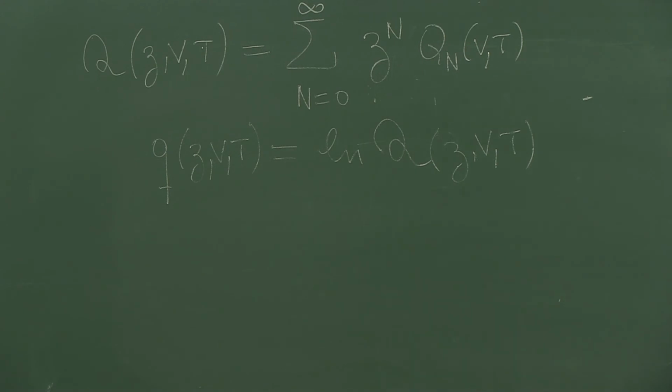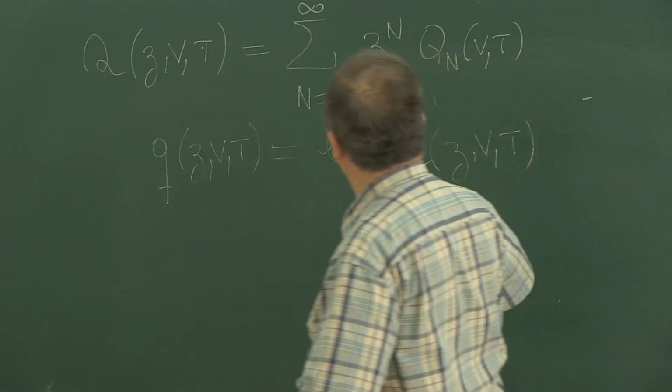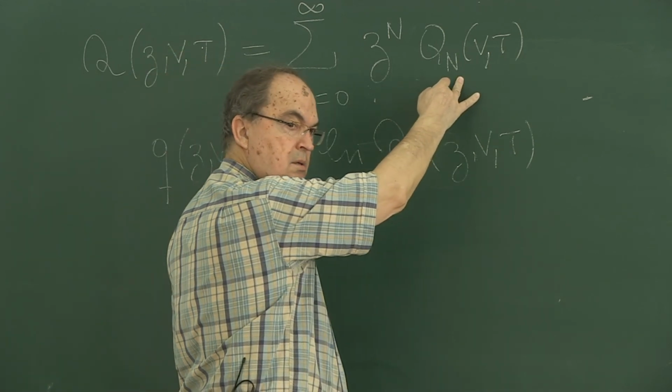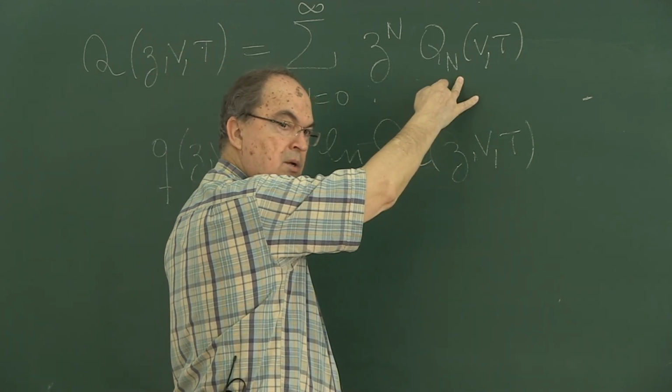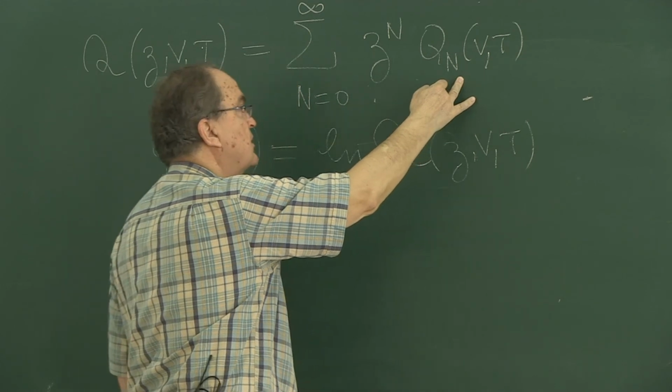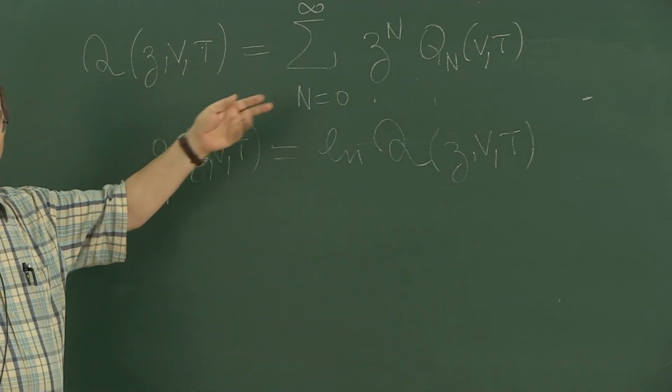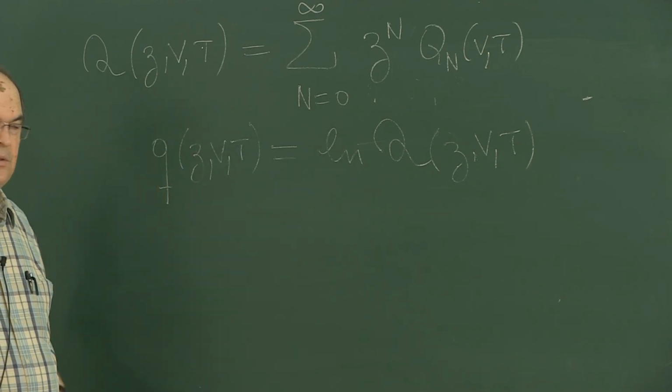Now you have to do this calculation with fixed n in the canonical partition function case, and do that sum over all particle numbers.